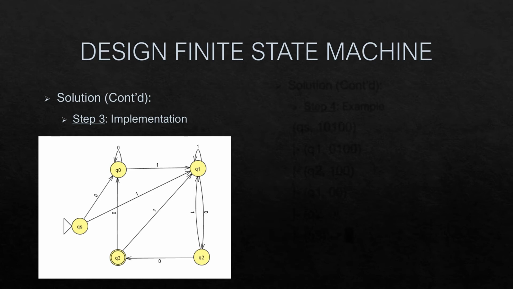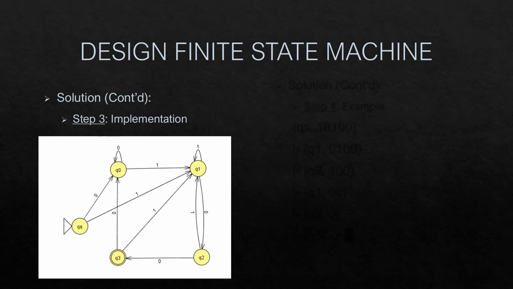As soon as it gets 1, it will go to Q1 state. In Q1 state, it will stay in the same state unless and until it gets the next input symbol as 0. After reaching Q2 state, on getting a 0, it will go to Q3 state, or else if it gets a 1, it will go back to Q1 state.